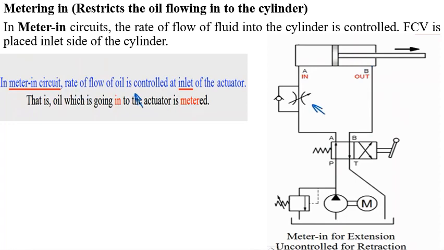During the extension stroke, what will happen when the 4 by 2 direction control valve is manually shifted to the left envelope, the left mode? It's already in the left mode. The oil from the pump goes to the blank end of the cylinder via the flow control valve. Look at this. From the pump there are two passages.